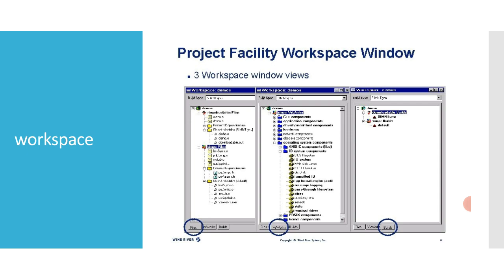Use it for generating the project makefiles. Workspace name.wsp contains information about the workspace, including which projects belong to it. See, the workspace allows you to display information about the files, VxWorks components, and build options that make up a project or set of projects shown in the above figure.